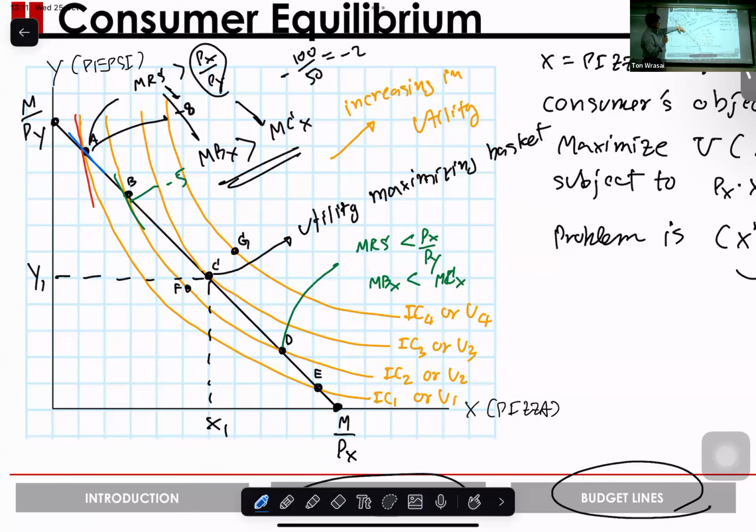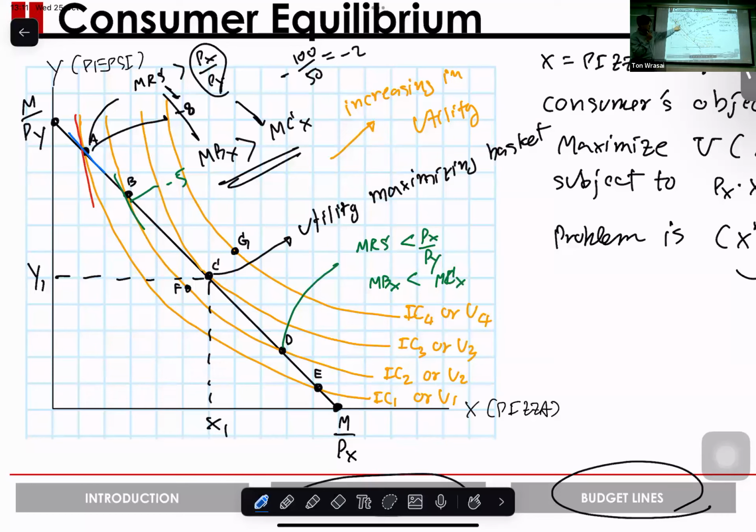Notice that basket C is on IC3. Basket B is on IC2, D as well, a lower utility level. Even worse, A and E are on IC1, an even lower utility level, even though A, B, C, D, E all cost the same expense.